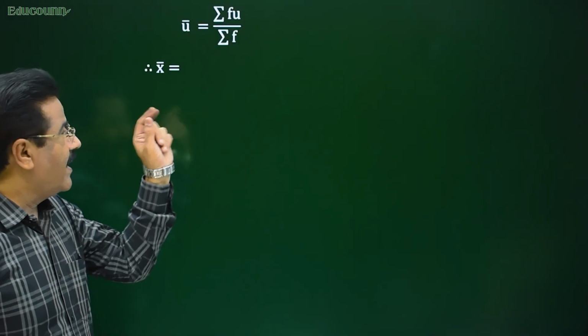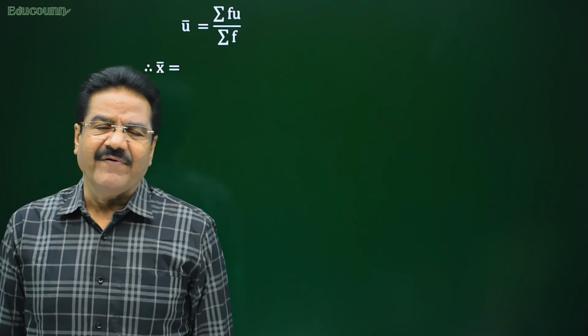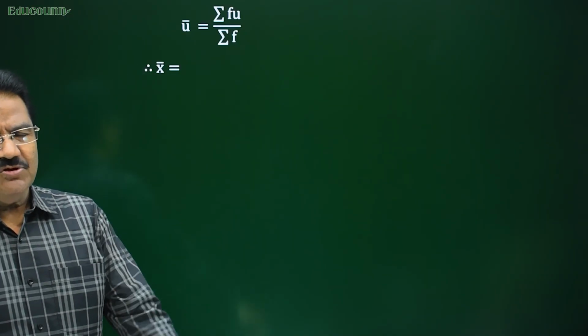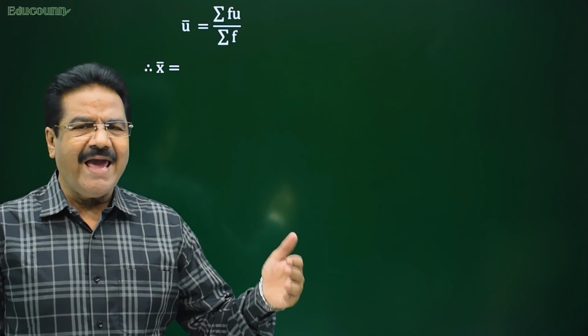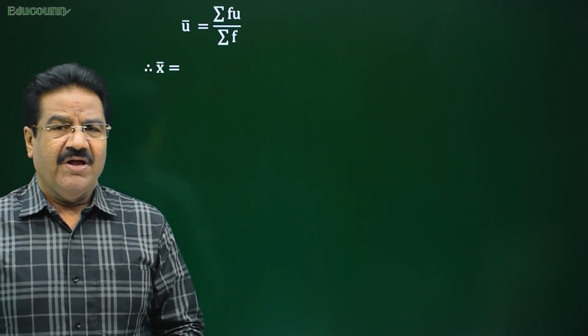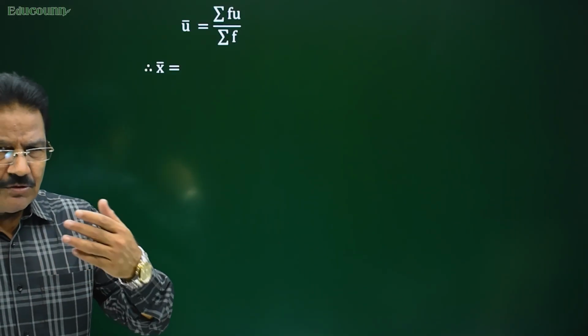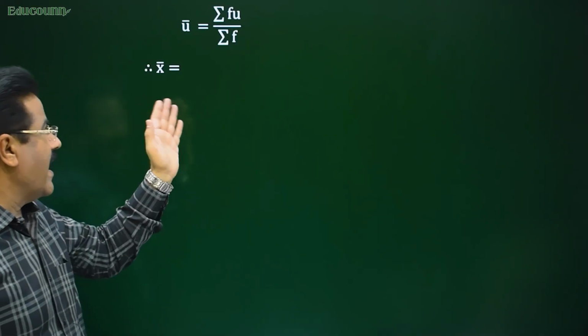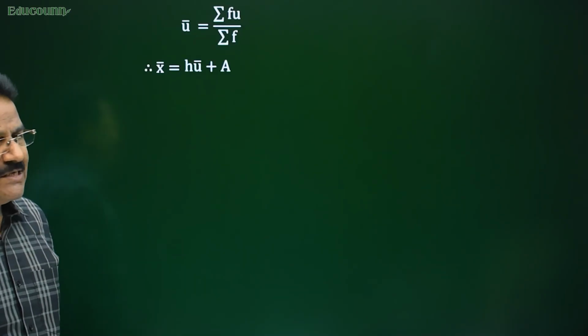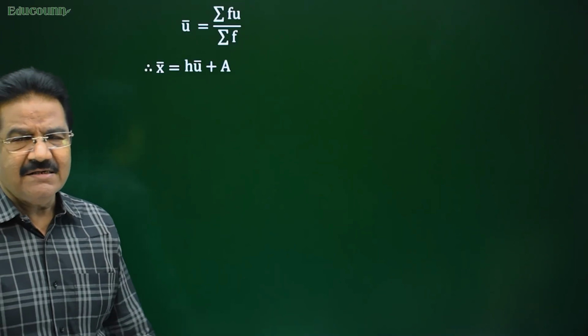And now we can convert that u bar in terms of x bar. Which substitution was there? U is equal to x minus a upon h. If you convert x into x bar and u into u bar, we get x bar is equal to h into u bar plus a.